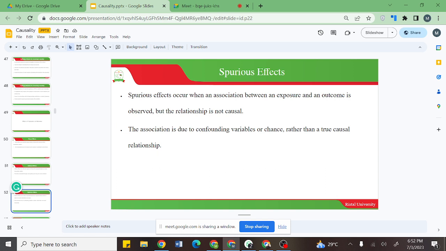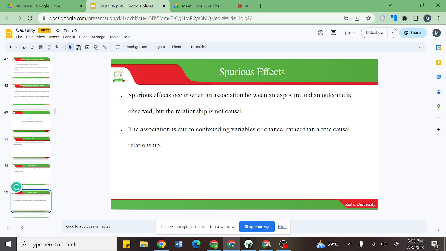Then you can have other variables or other exposures that happen and may lead to the health outcome of interest, and it can be observed, but the relationship is not actually causing the problem. Okay? So there is what we call the non-causal relationship, or the relationship is not causal. I hope you understand that. Yeah, it is very clear for you to really note it. Okay?